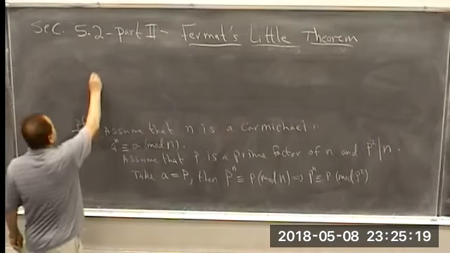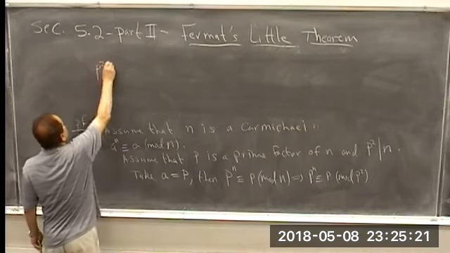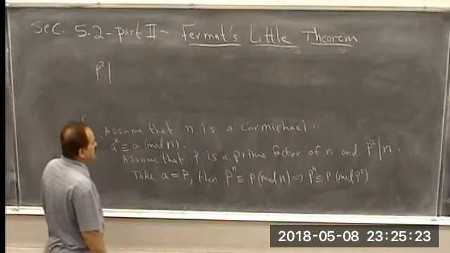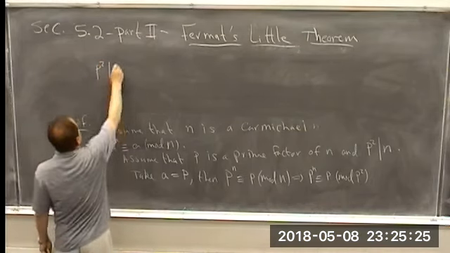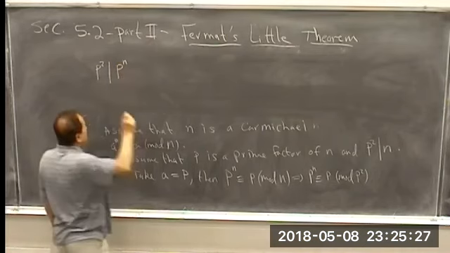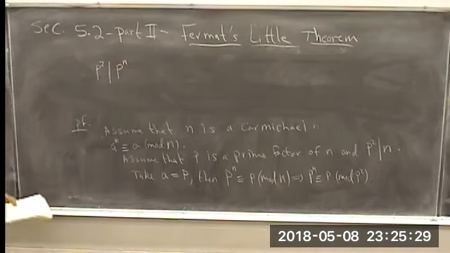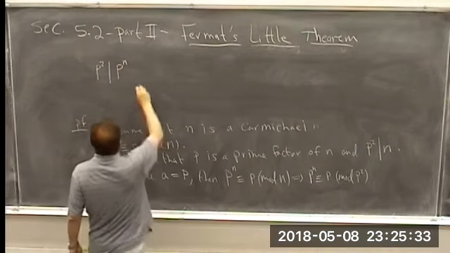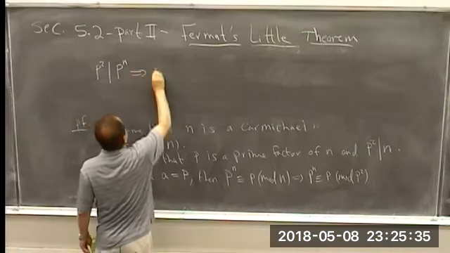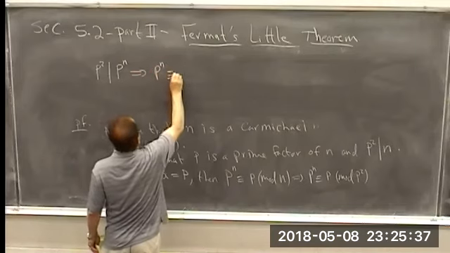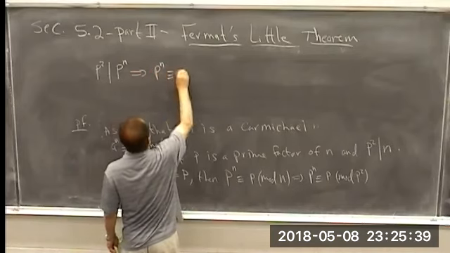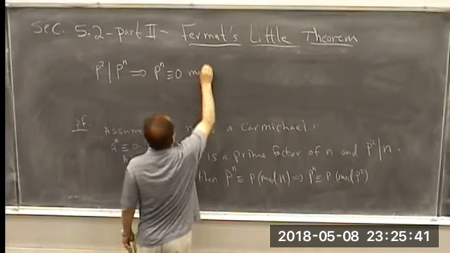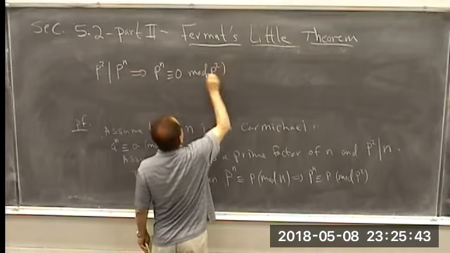You also have P squared, of course, divides P to the N. So this implies that P to the N is congruent to 0 mod P squared.